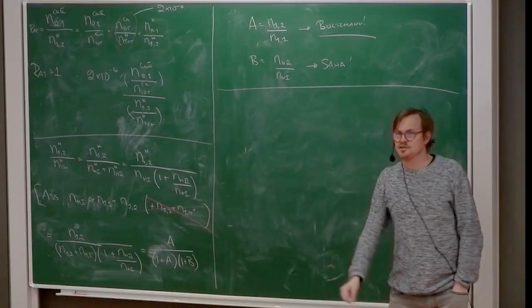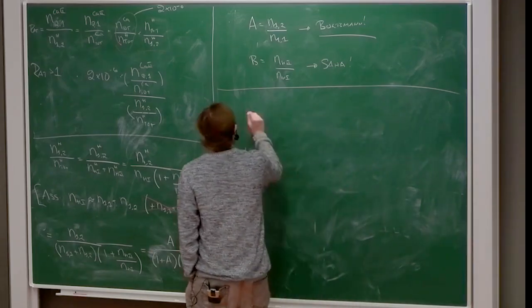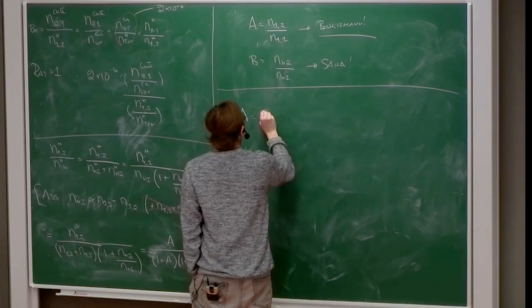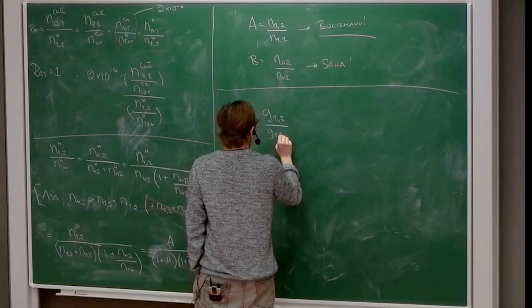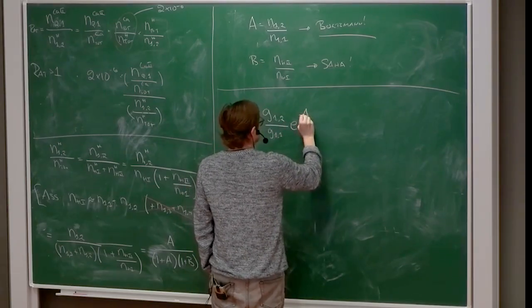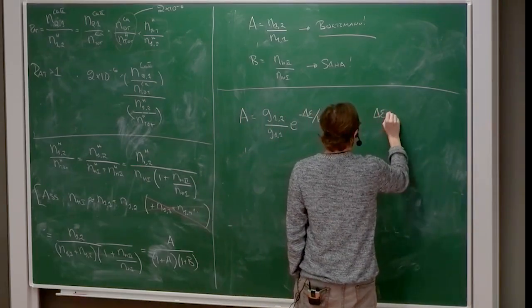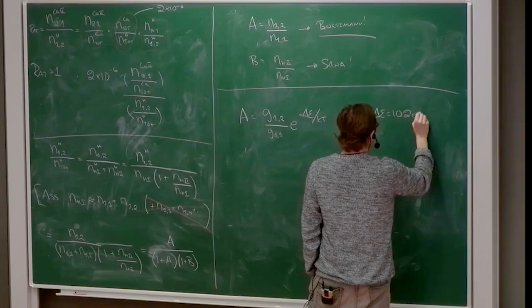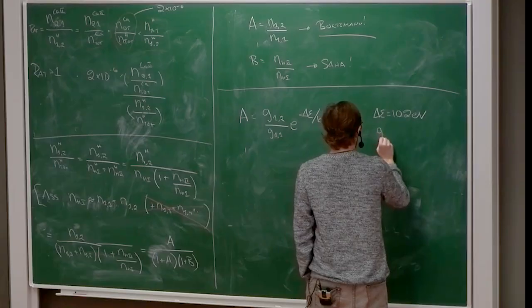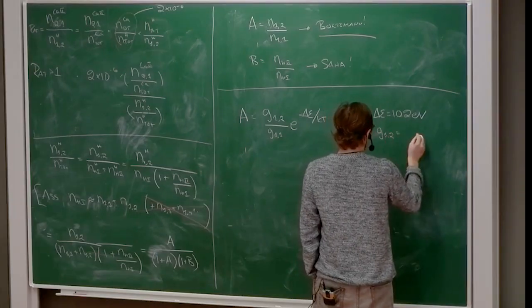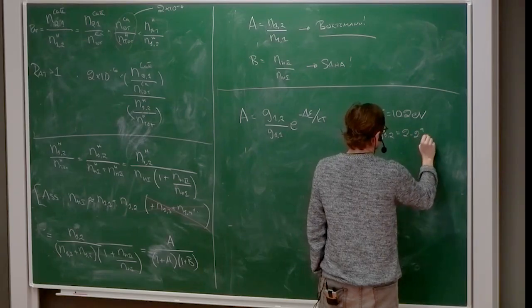So the only thing we need to do is to solve the Boltzmann and the Saha, and then we're there. All right, so A. This we know: g_{12}, we look it up in the lecture notes, over g_{11}, times e to the minus delta E, the excitation energy, where delta E indeed is 10.2 electron volts. And g_{12} we have is just 2 times 2, 2 is 8, yeah?